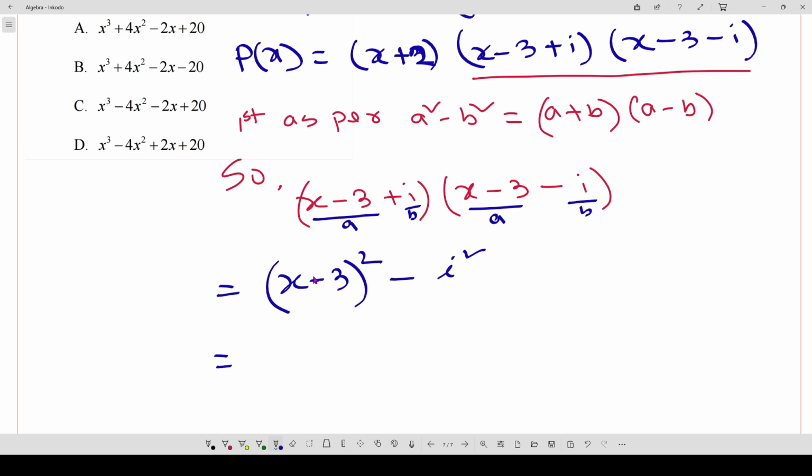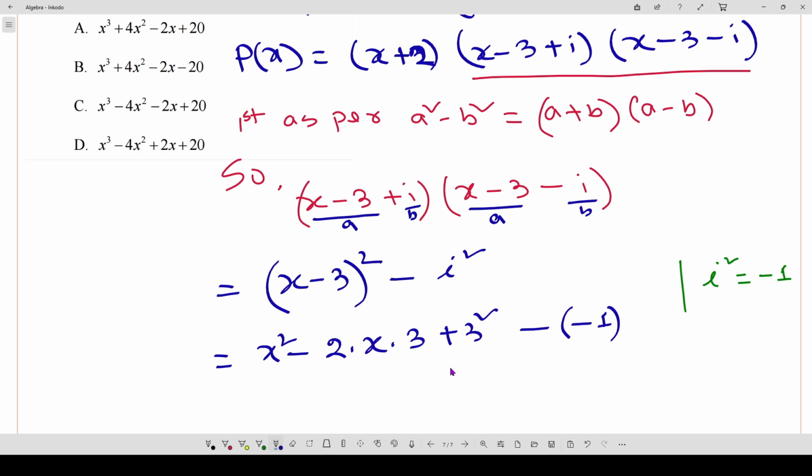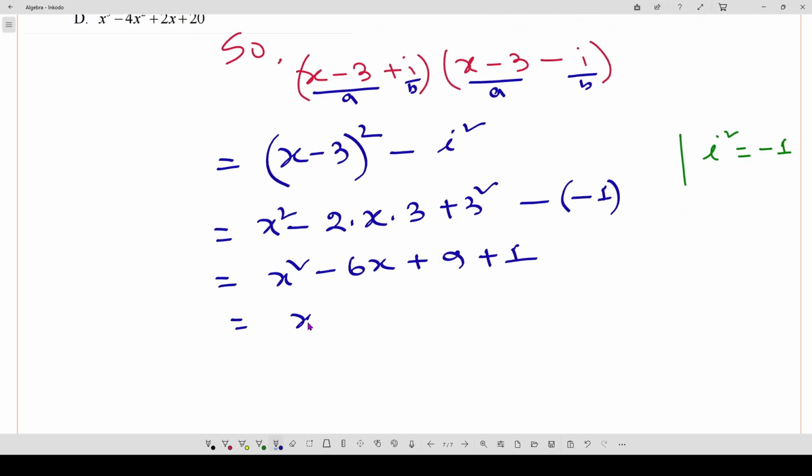By the a minus b whole square formula, x square minus 2 times x times 3 plus 3 square, minus i square, and i square equals minus 1. So x square minus 6x plus 9, minus and minus gives plus 1. Then it becomes x square minus 6x plus 10.